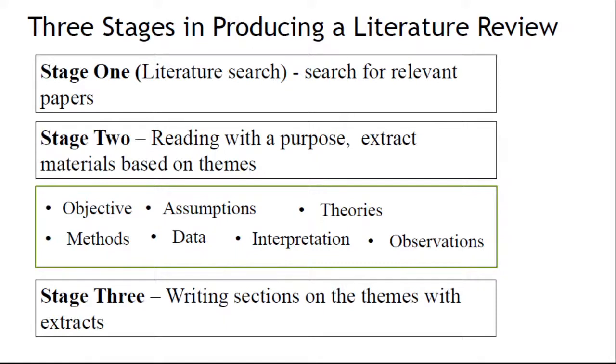What are the methodologies, the data, and how do they interpret their results? And any observations: how do you find this paper? Is it an excellent paper? What are their weaknesses? Is the interpretation of the results correct? These are the main things, the important information you have to find when you read the papers.